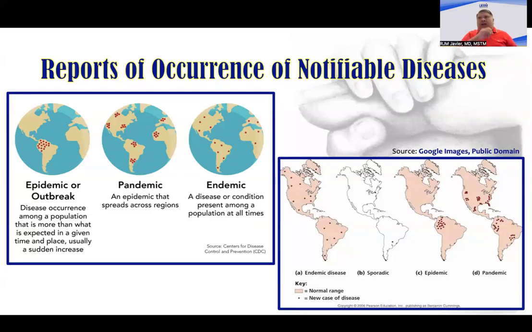Sporadic is something that spontaneously occurs, something that you don't know how it happened, but suddenly it happens even though it is not really expected or it's not the norm. It haphazardly occurred.